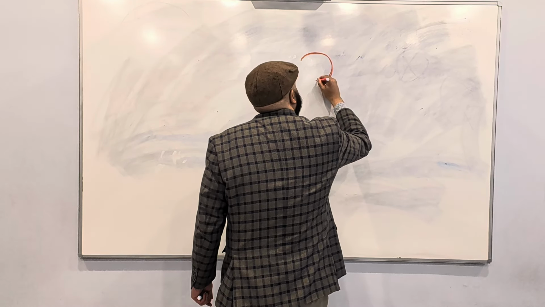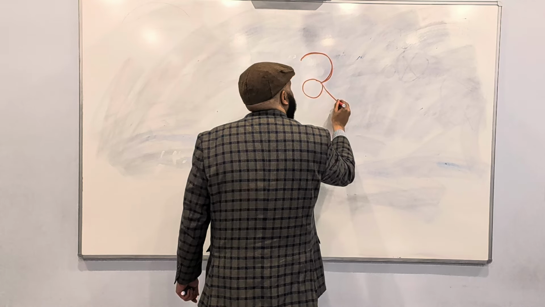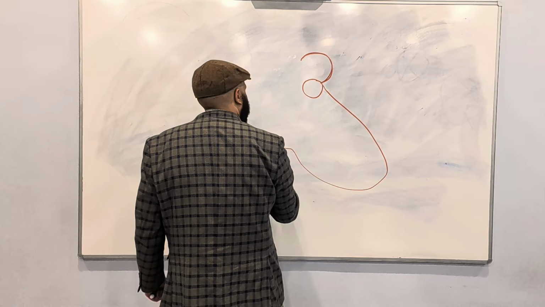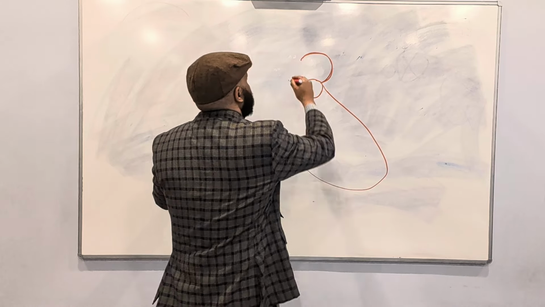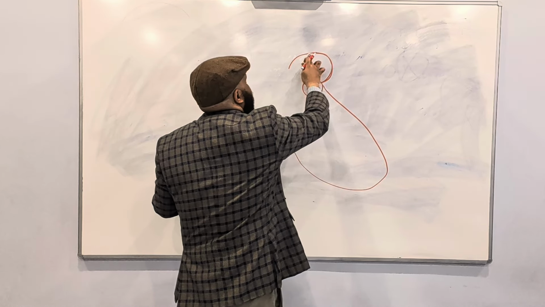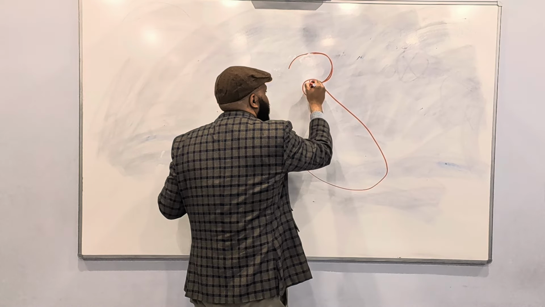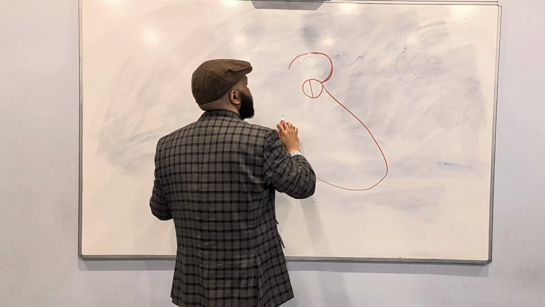And between the atria and the ventricle, there is a valve here that only has two cusps.